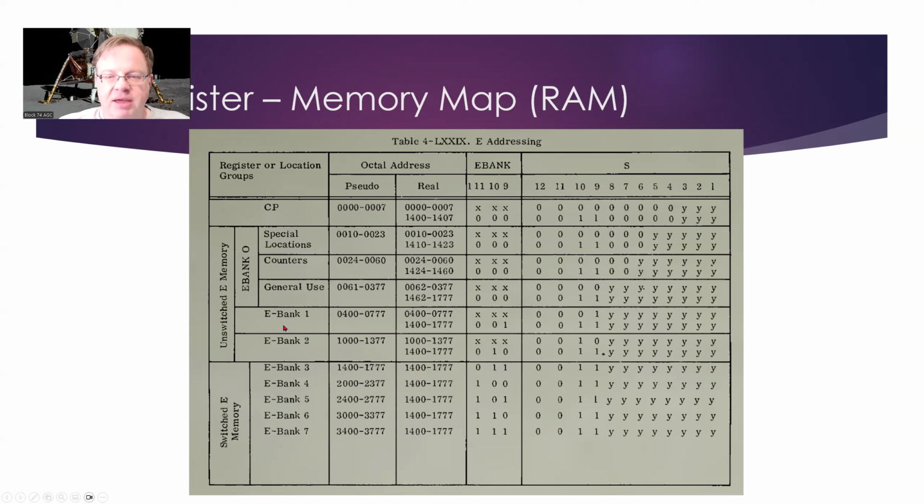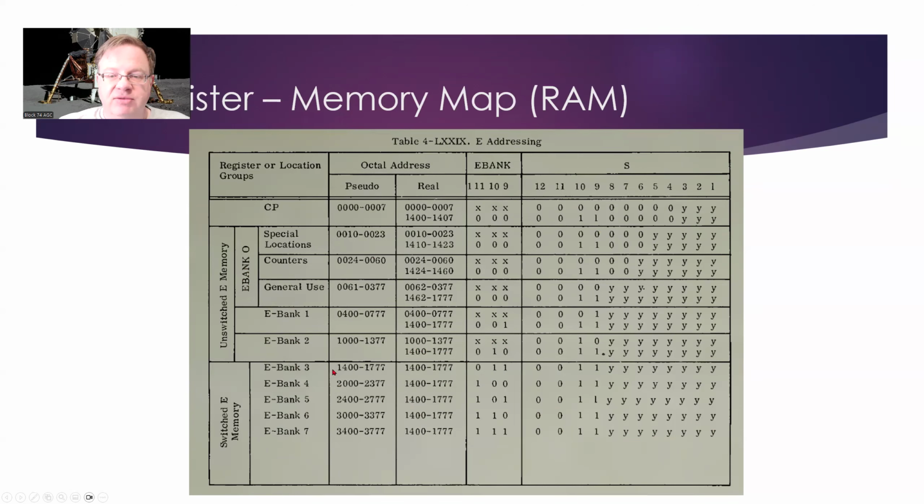So if our eBank is set to 0, 1, or 2, we can access these higher parts of memory, or we can switch out 3, 4, 5, 6, or 7 within our RAM or erasable memory to swap them in or out in order to still stay within, in this case, because we're looking at RAM, this 10-bit space.